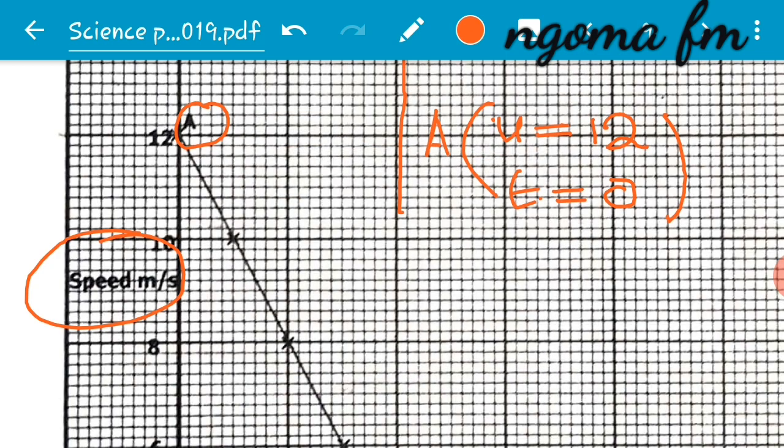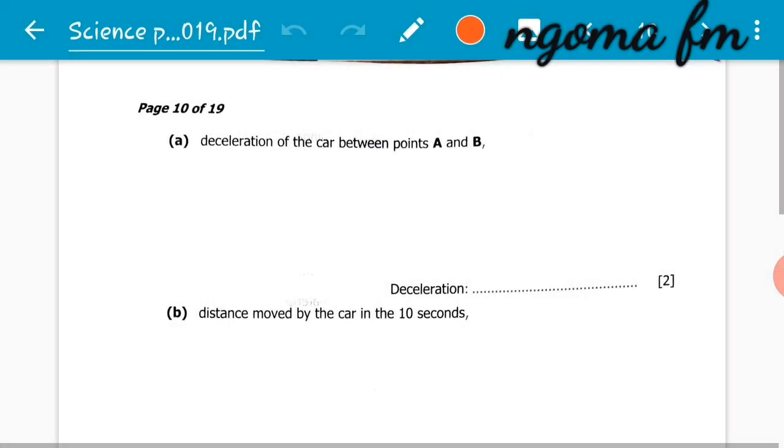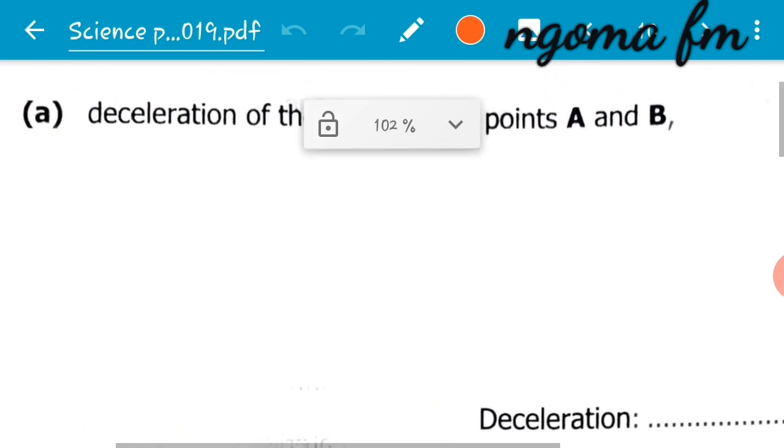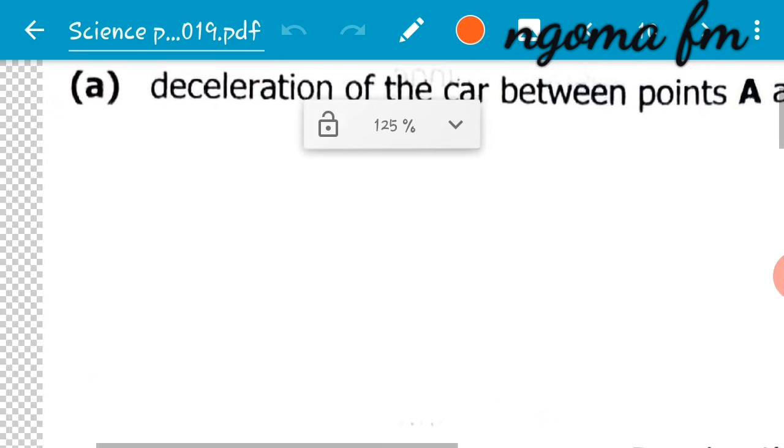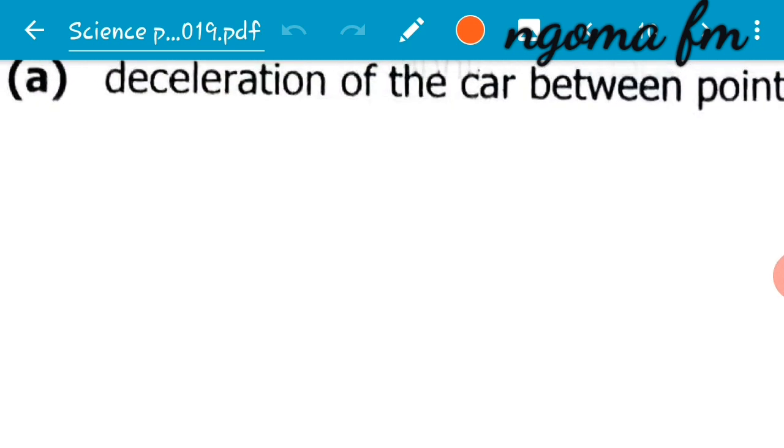Okay, so now we can go to the questions themselves. The deceleration. Deceleration is acceleration, but it is negative acceleration. So if we start by calculating the acceleration, it means we have to negate the acceleration at the end.